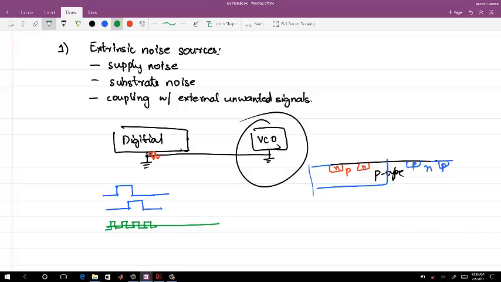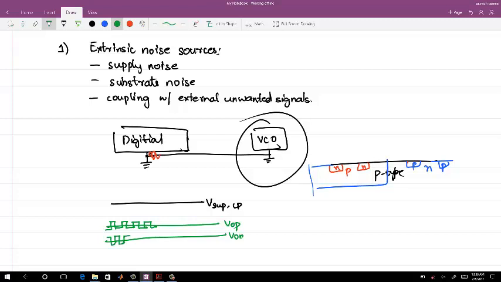So let me give a better example. Let's say there is a supply of the charge pump, V supply of charge pump, and you have F out, which is VOP and VON. This is the PLL output. You have a capacitance connecting to both of them.